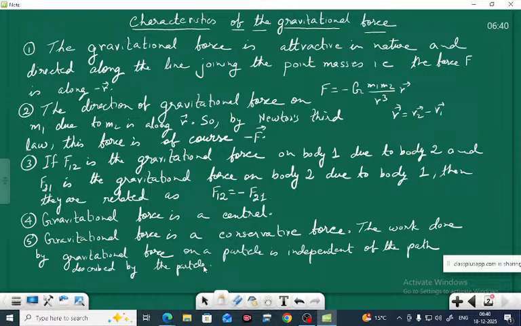Gravitational force is a conservative force.